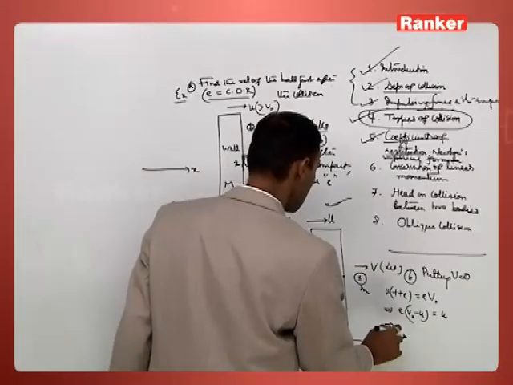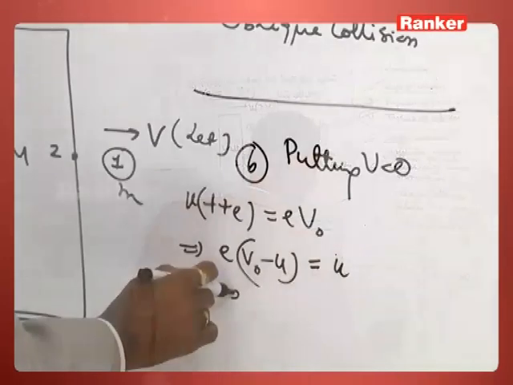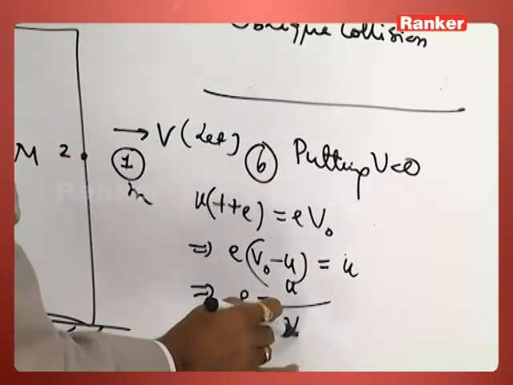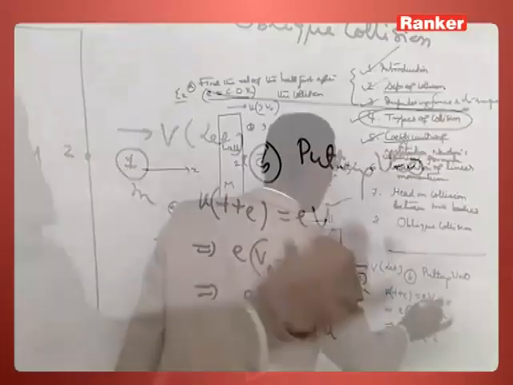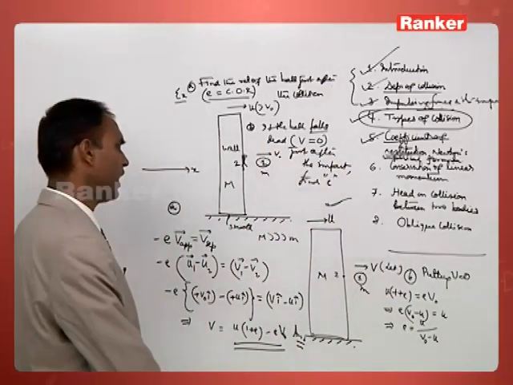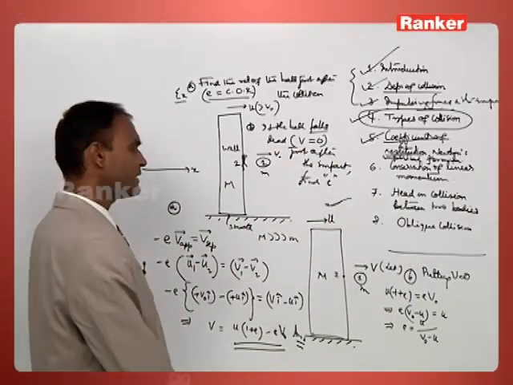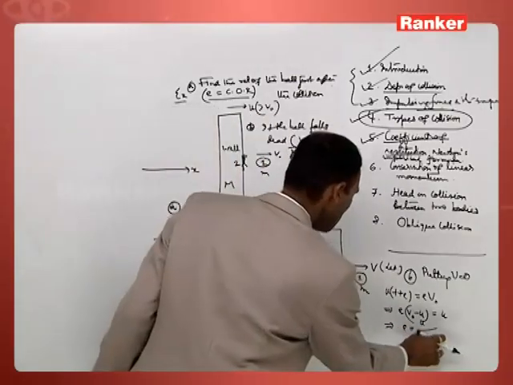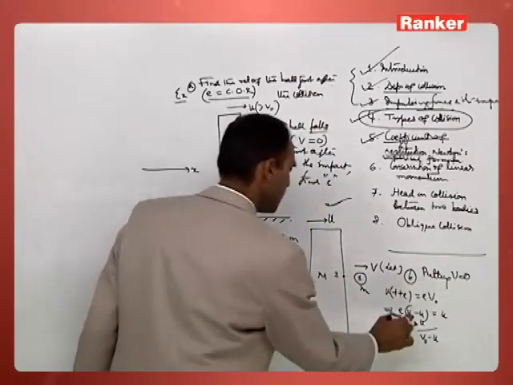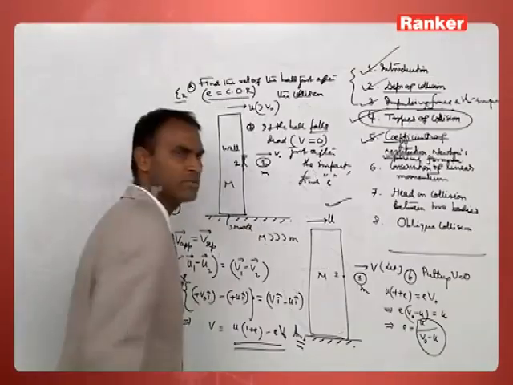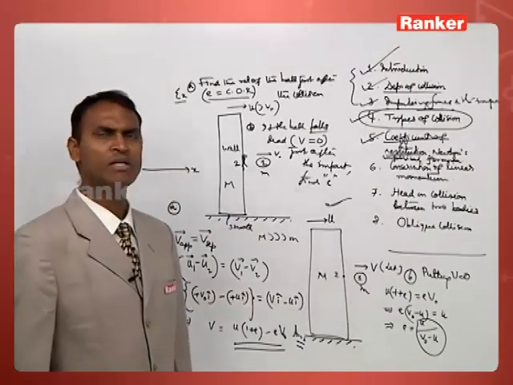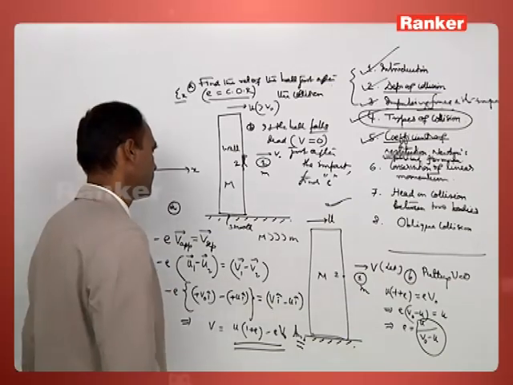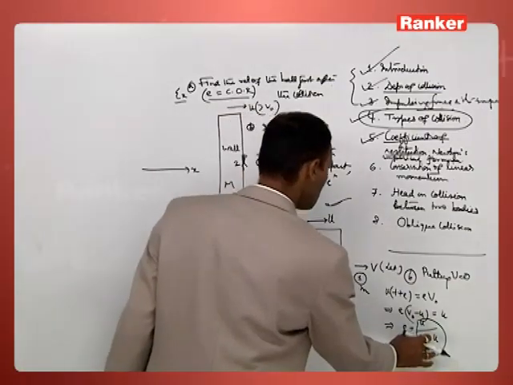And this gives us e equal to u by v naught minus u. Now the question arises, can u be greater than v naught? When u is greater than v naught, the entire thing will be negative, and the value of the coefficient of restitution cannot be negative. Therefore, v naught should be greater than u.